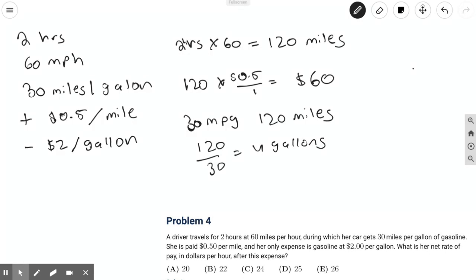And if she loses $2 per gallon, she would end up losing a total of $8.